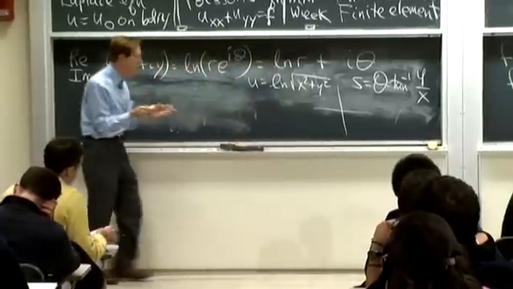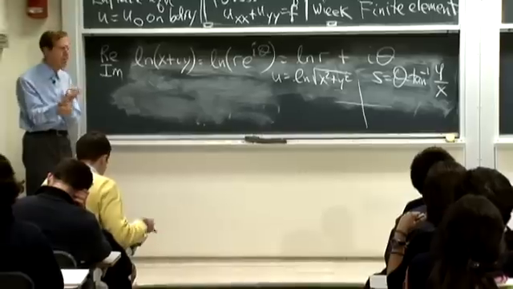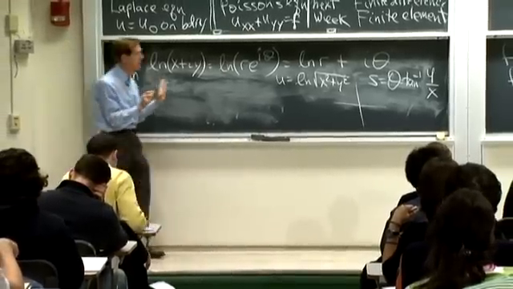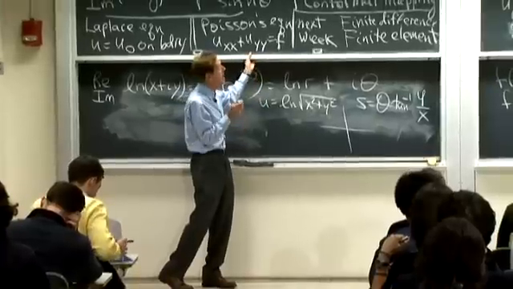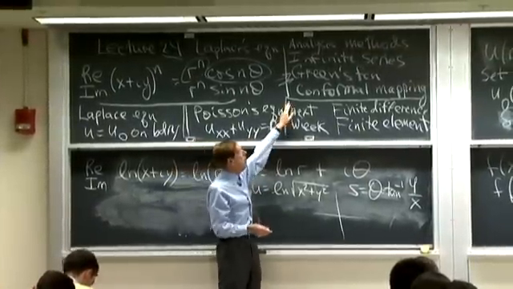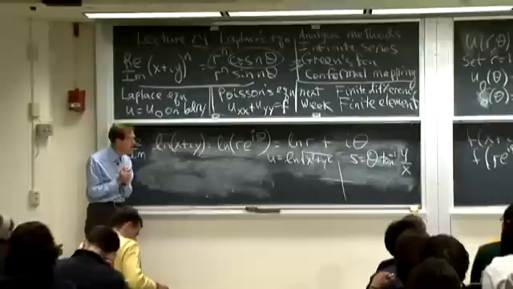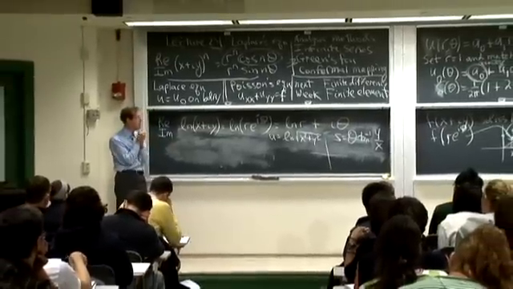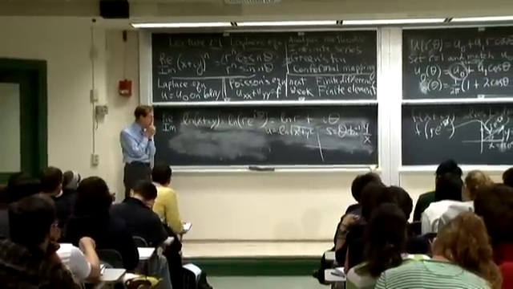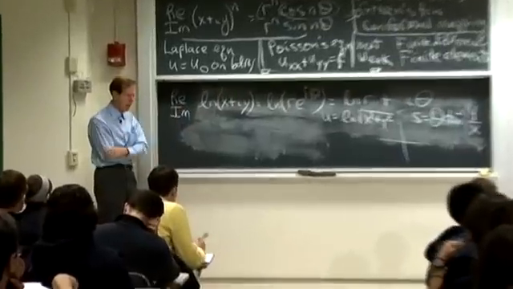What's the picture? So by Wednesday's exam, I'm not expecting you to be an expert on the theory of analytic functions. I don't expect you to know any conformal mappings by Wednesday. But I do expect you to have these pictures in mind.